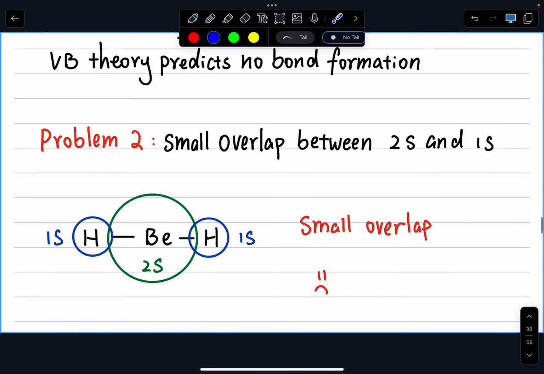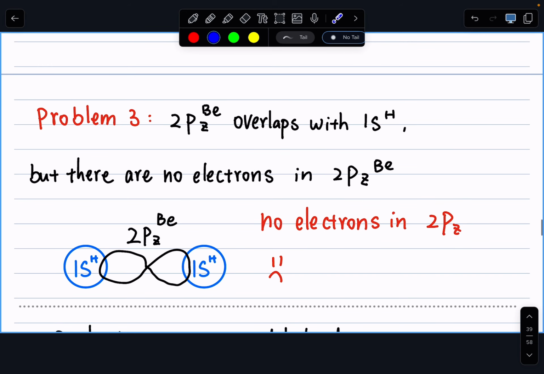Secondly, the 2s atomic orbital and the 1s atomic orbital of hydrogen will have very small overlap. All of them are spherical, so the overlap is very small, or the bonding activity we're predicting is small. Problem 3, the 2p atomic orbital overlaps with the 1s very well, the overlap is right in position, but there are no electrons in the 2p atomic orbital of beryllium.